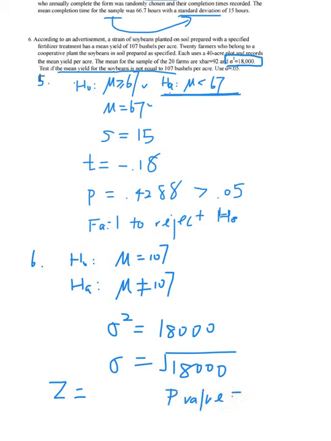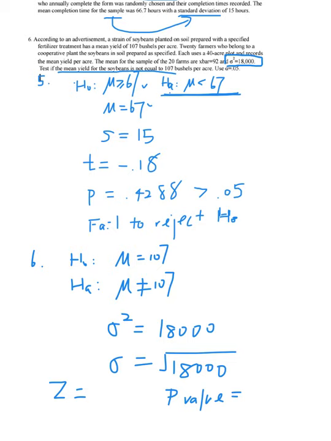Now I will use the same procedure: press stat, and then tests, and then choose z-test. Input mu sub 0 is equal 107. And for the standard deviation, the square root of 18,000.